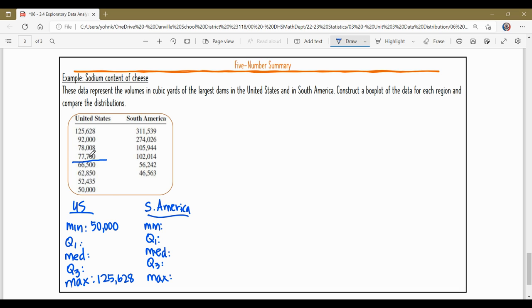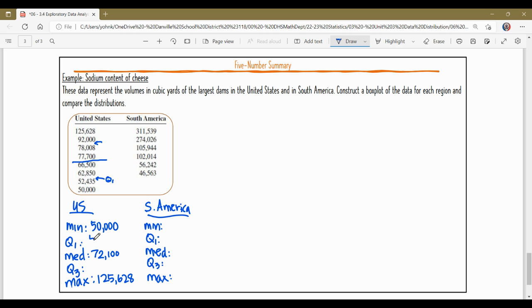Which means if I add 77,700 with 66,500, I will get a median of 72,100. My Q1 is going to be, oh, that's my Q3 actually. My Q1 is down here at my low numbers. My Q1 is going to be in between 52,435 and 62,850.